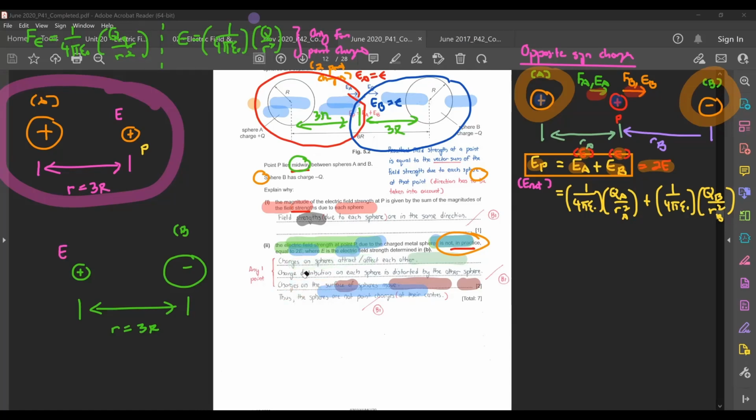All right. Now, in the first place, it might probably be easier if I just explain it this way first. You see, when I say EP is equal to EA plus EB, and then subsequently I get this equation here, these equations were under the assumption that you have point charges.